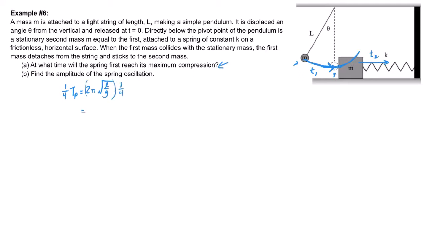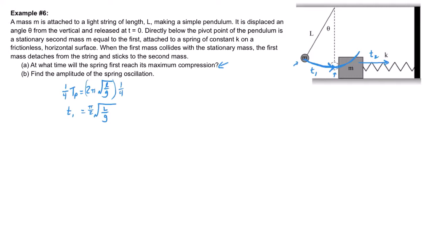So the time T1 is actually pretty easy. It's going to be 2 times 1/4, so that's pi over 2 times the square root of L over g. The length was given to us as L, and then the g is just g.